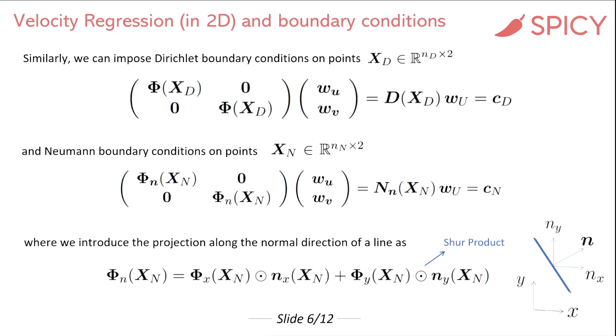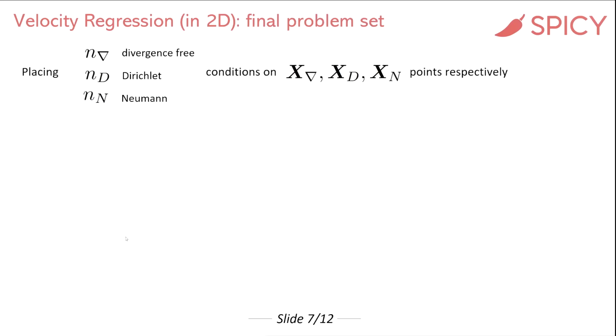We will use both conditions in the exercises. But now, for the moment, let's say that we can collect all of this together. Let's say we have n_nabla divergence-free constraints, n_D Dirichlet constraints, and n_N Neumann constraints, and we denote as x_nabla, x_D, x_N the set of points in which each of these is placed respectively.